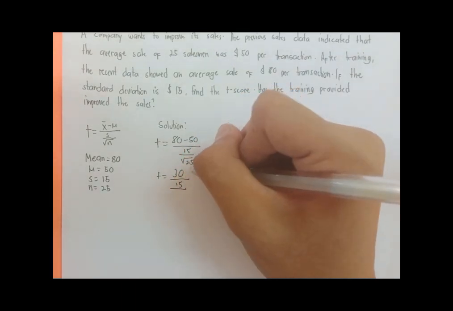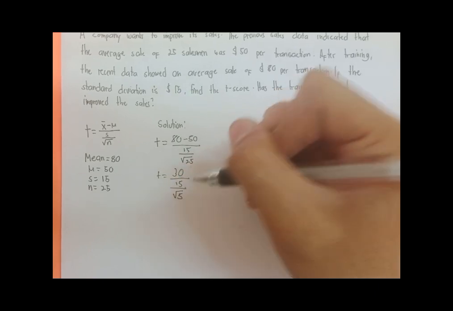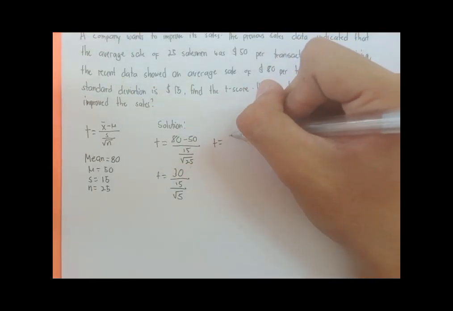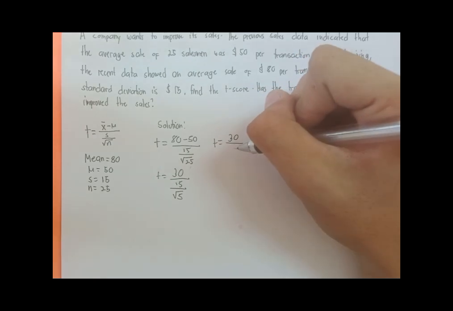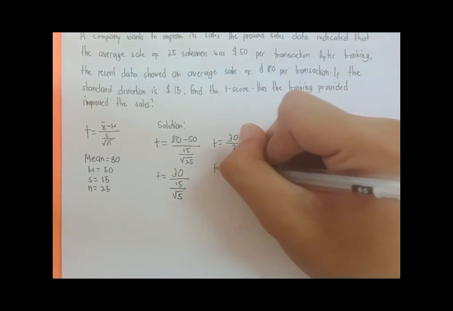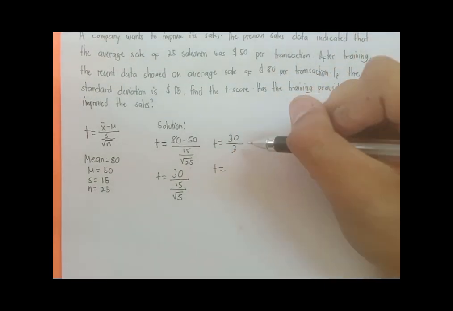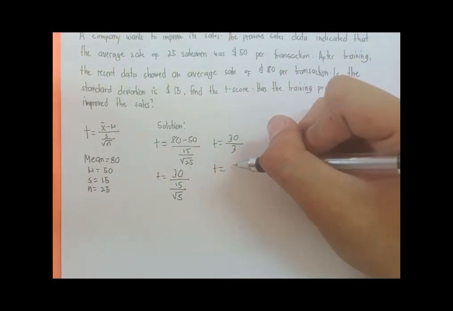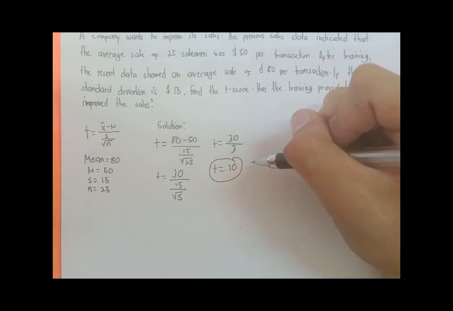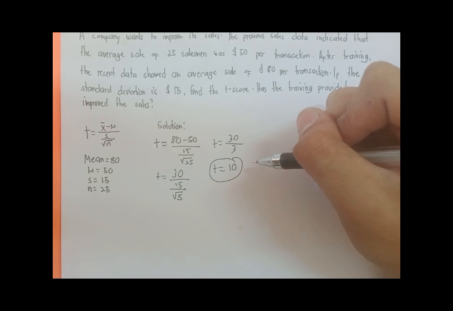What is the square root of 25? 5. So t equals, copy the 30 over 15 divided by 5 is 3, and t equals 30 divided by 3 is equal to 10. Therefore, the training significantly improved sales with a t-score of 10, a substantial increase in average sale.